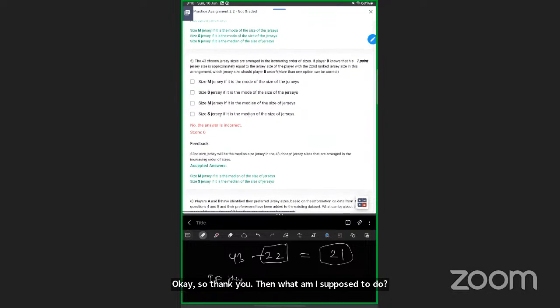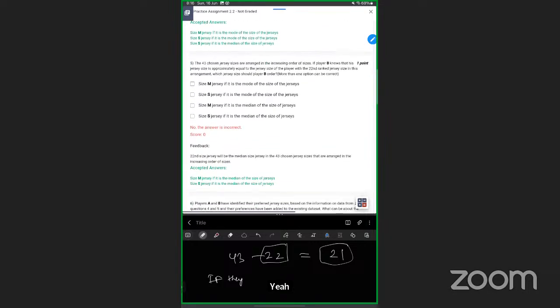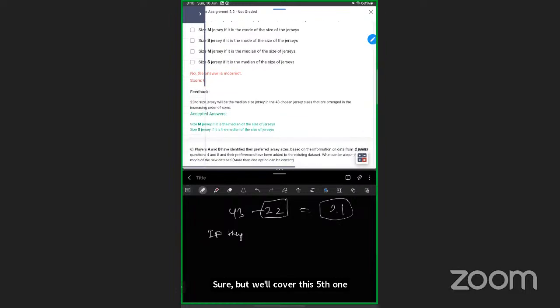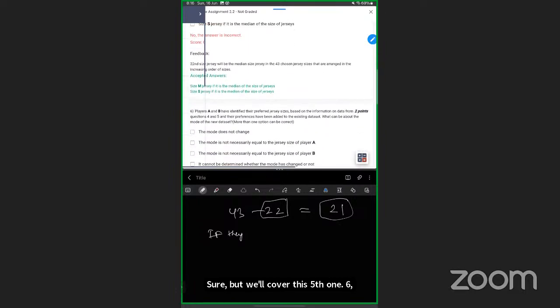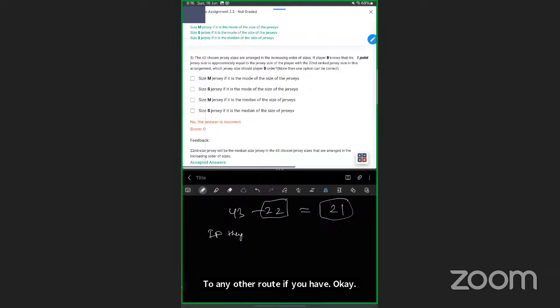So explain 5 also. Sure, but we'll cover this fifth one, sixth one, then we'll go to any other doubt if you have. Okay, let's see what is the 5.